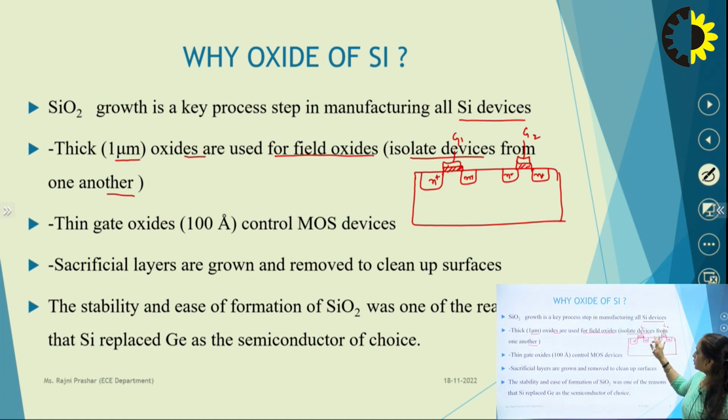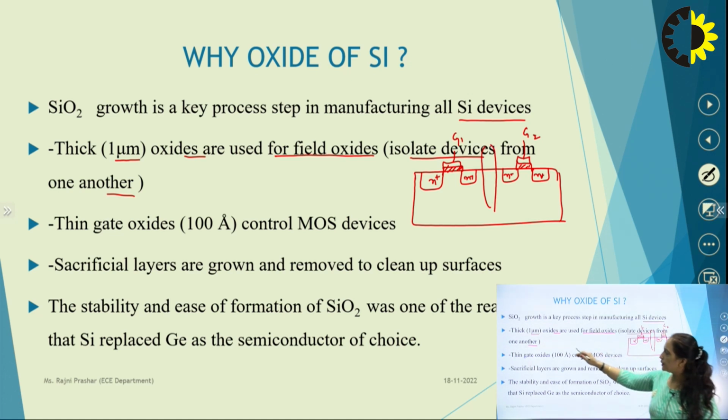To differentiate these two MOSFETs, we have to form a partition. This partition is done by this thick oxide, which prevents the working of one MOSFET from interfering with the characteristics of another MOSFET.